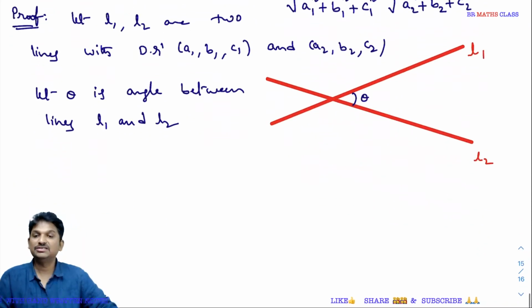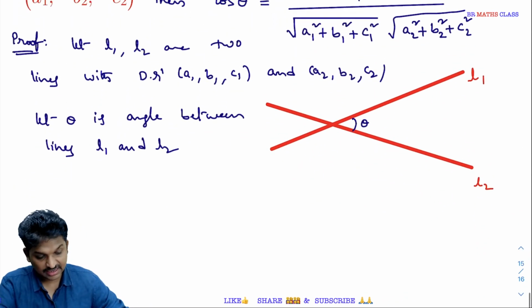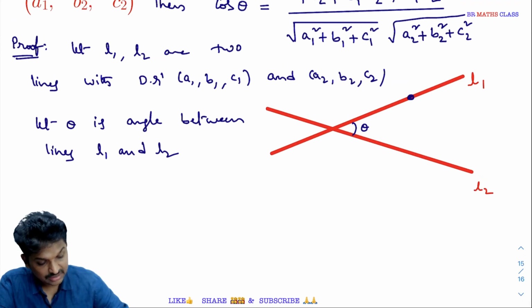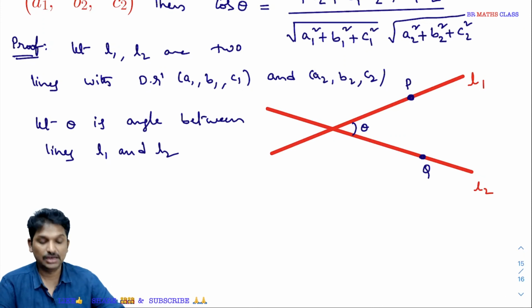Suppose theta is the angle between the lines L1 and L2. What I'll do now, I'll take 2 points. Look here, P is a point on the line L1, Q is a point on the line L2. I suppose this is O.